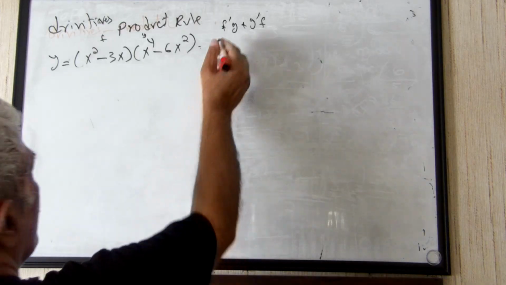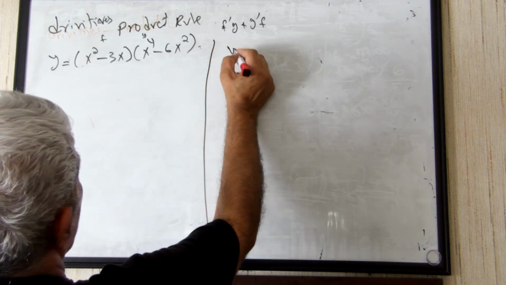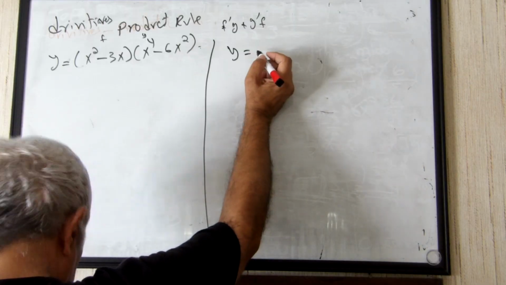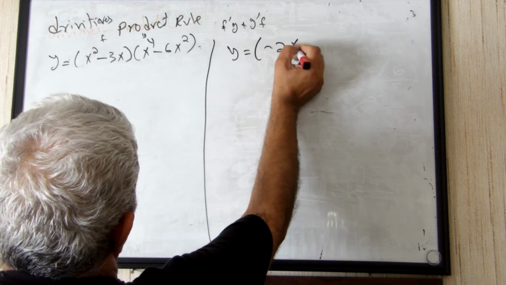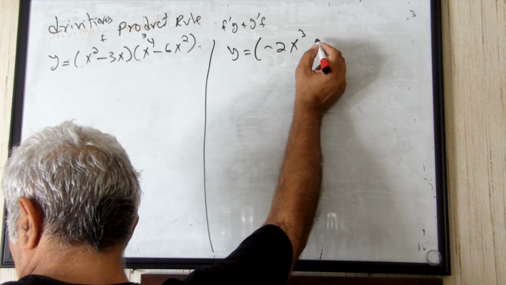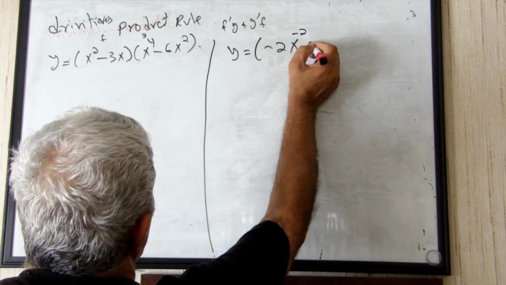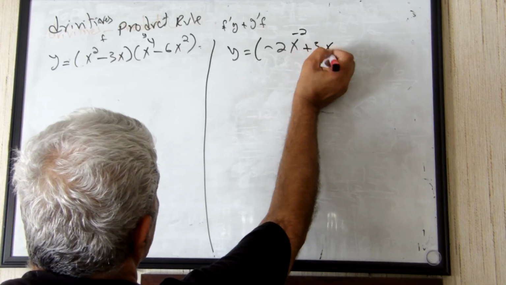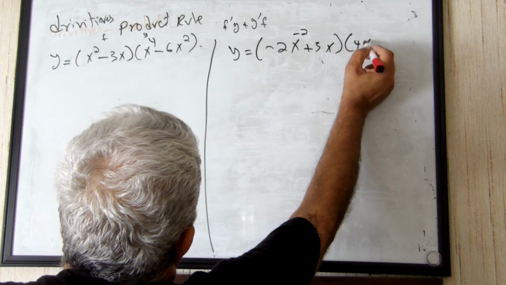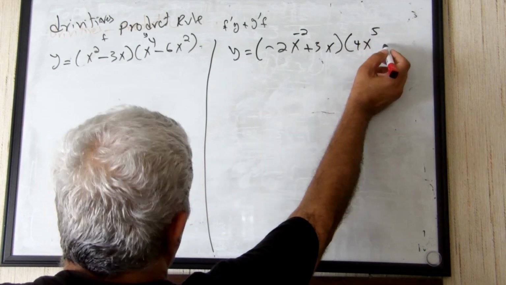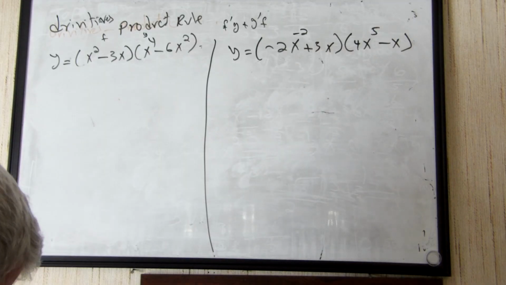Okay, if we have another one, y equals (-2x^3 - 2x^-2 + 3x) times (4x^5 - x). Okay, how do we do that?